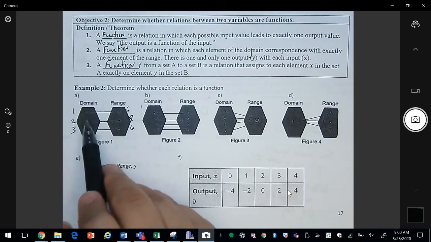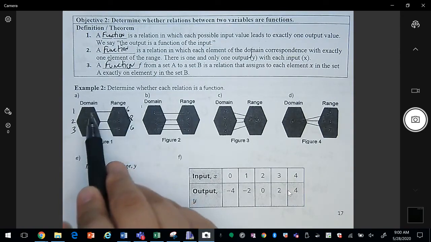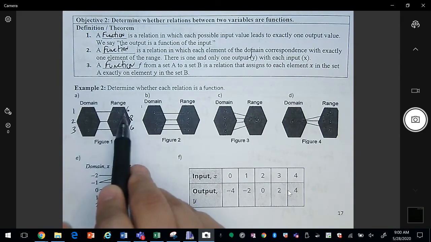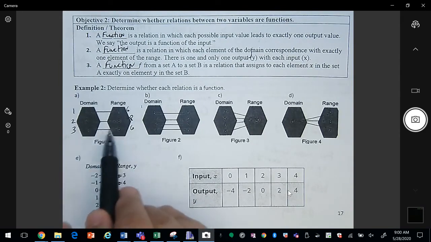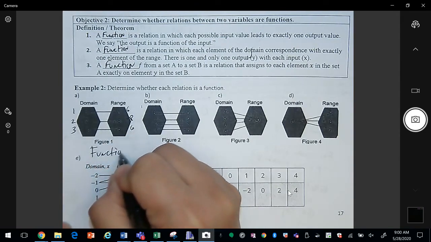So what you want to do to figure out if it's a function, ask yourself, is 1 going exactly to one element in the range? And 1 is going exactly to 6, 2 is going exactly to -8, and 3 is going exactly to 6. So we say that this is a function.